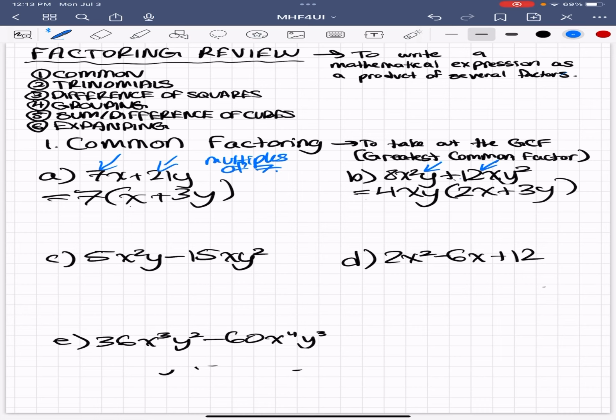Eight and 12 are multiples of 4. And there was an x common in both of them and a y common in both of them.